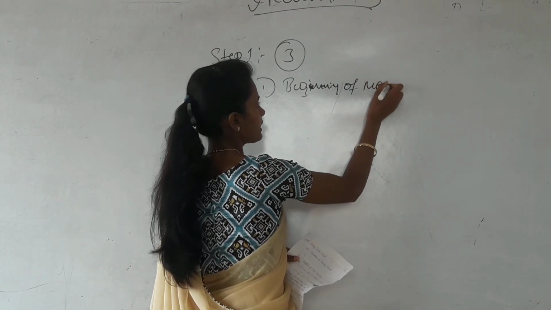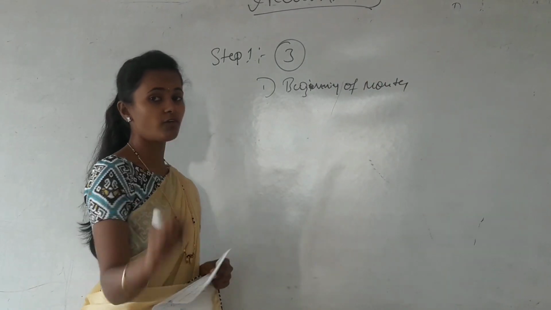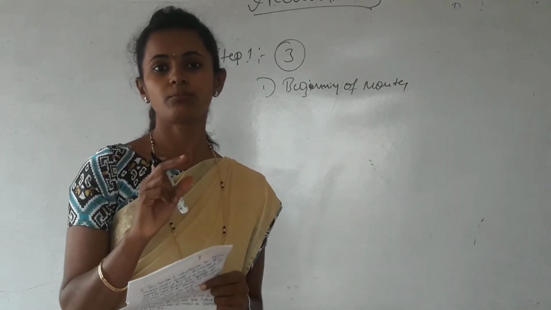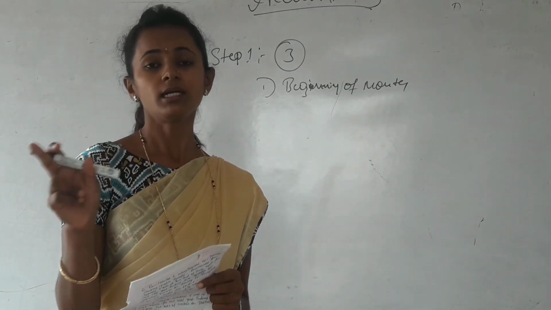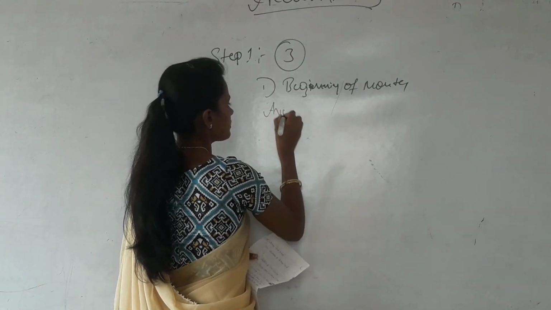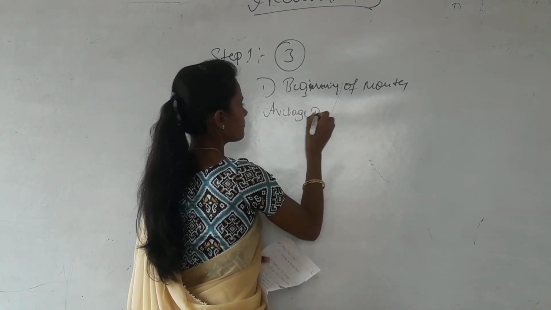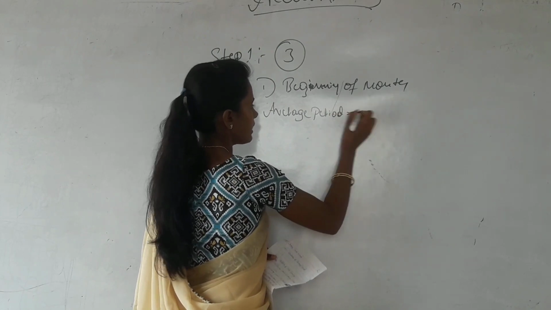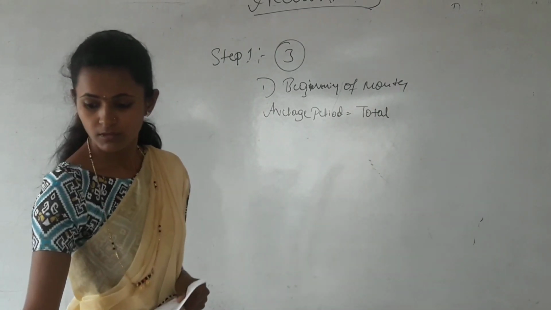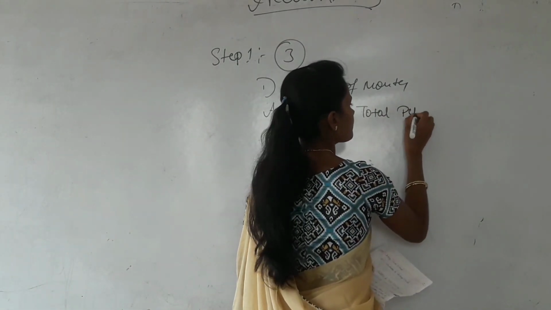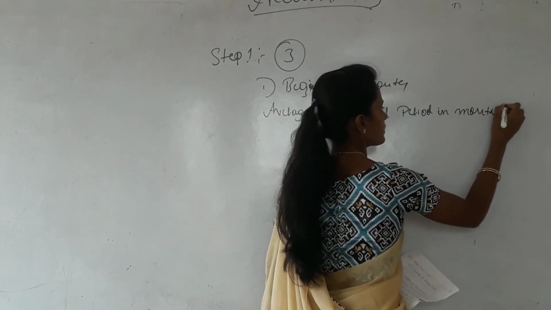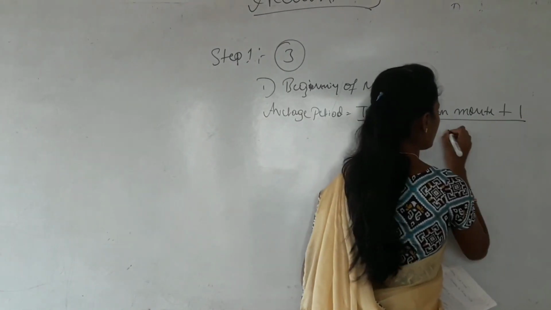If drawings are made in the beginning of a month, the average period is equal to total period in months plus 1, divided by 2.